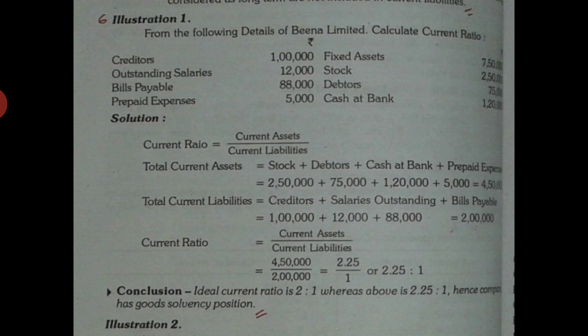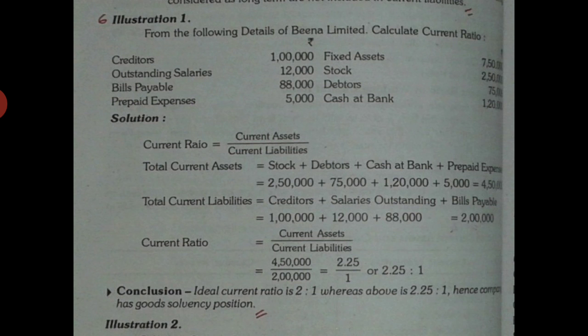Bills payable is also CL, write it alongside. Prepaid expense, this is current asset, so we will write CA. Fixed assets will not come in this, we will leave it. Stock, it is considered CA, current asset. Debtors, CA, current assets. And cash at bank is also current assets.